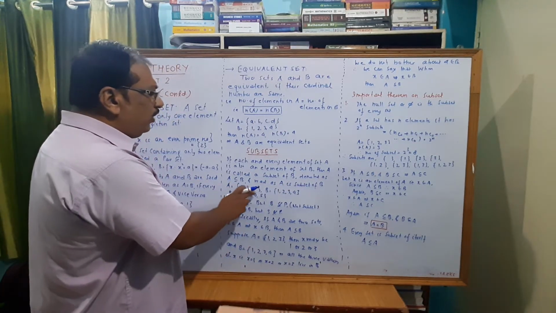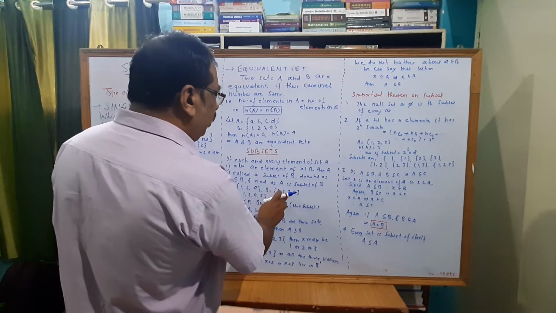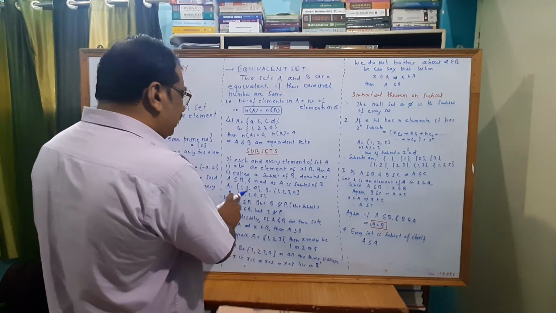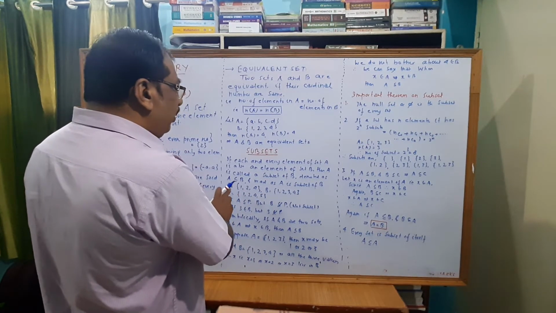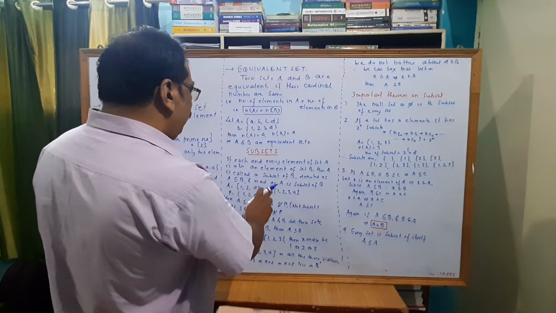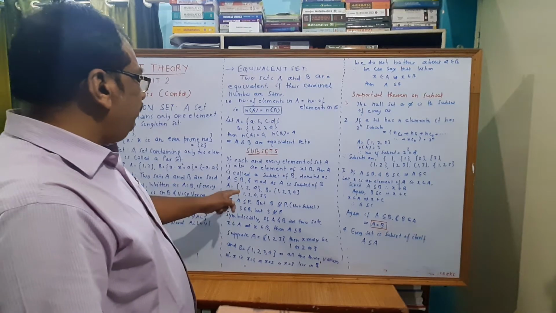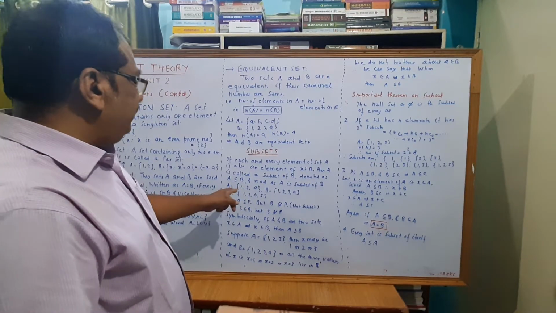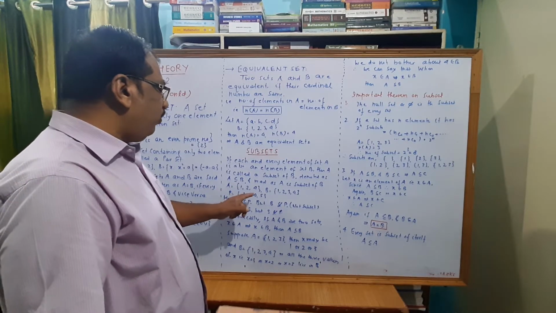So A is equal to 1, 2, 4. B is equal to 1, 2, 3, 4 and P is equal to 1, 2, 4, 5. Here A is a subset of P, but B is not a subset of P. A is a subset of P because the elements of set A are 1, 2, 4 and P is 1, 2, 4, 5.